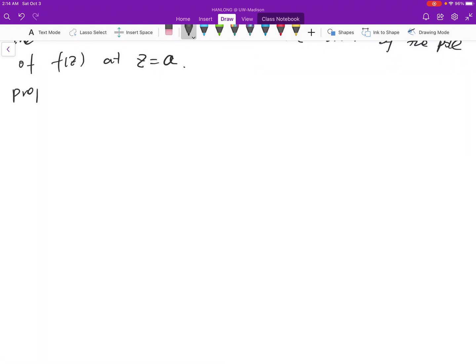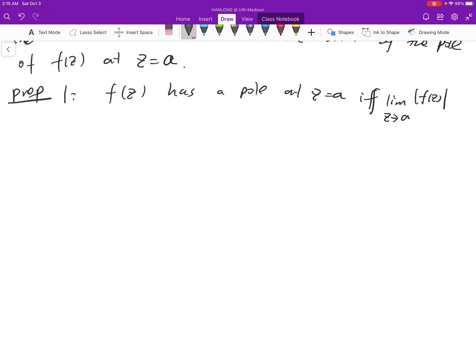Proposition 1: f(z) has a pole at z equals a if and only if the limit of the absolute value of f(z) as z goes to a is infinity.